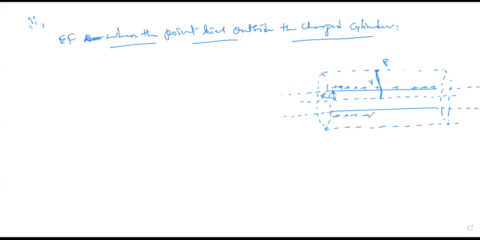Drawing takes the maximum time, but when you practice you can do it fast. Here the total charge is plus Q, uniformly spread over this cylinder, and the Gaussian surface we have assumed has length L and radius small r with respect to the axis.